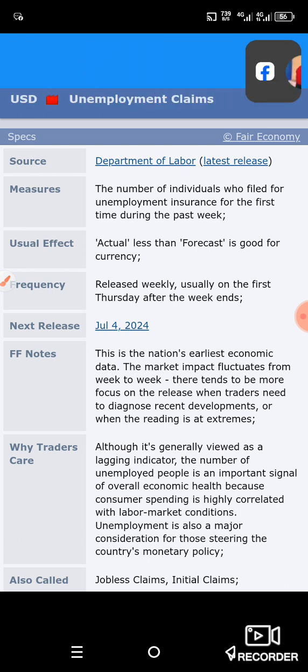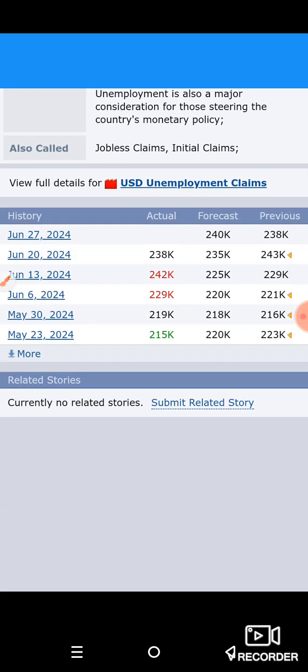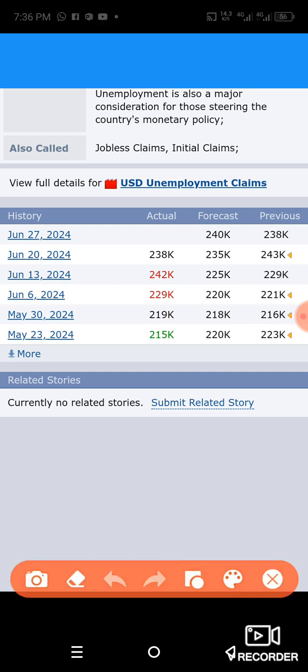Like for instance, on this US news, this jobless claims is a US news. The last jobless claims we have, actual is 238, previous is 235. Why forecast? Forecast is 235, previous is 234.